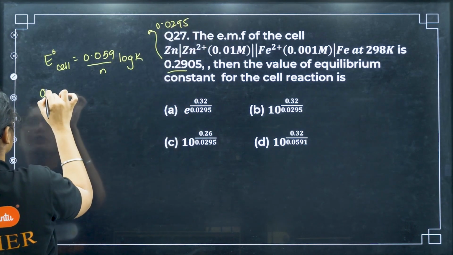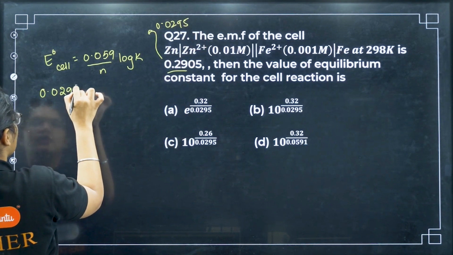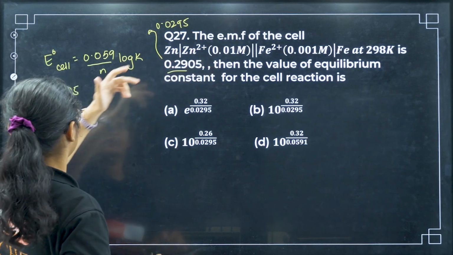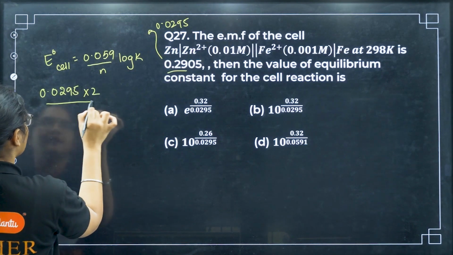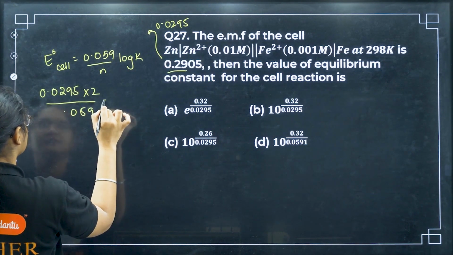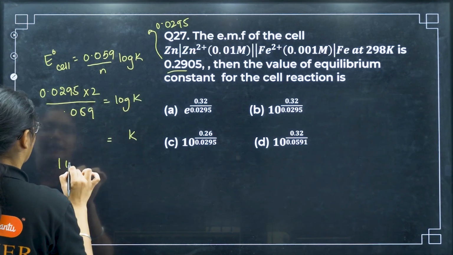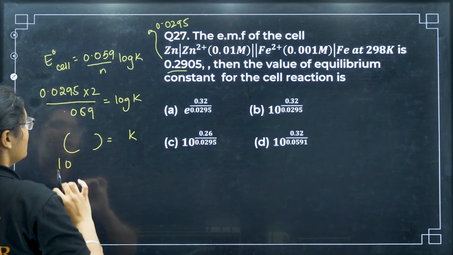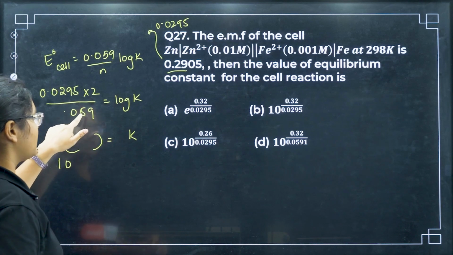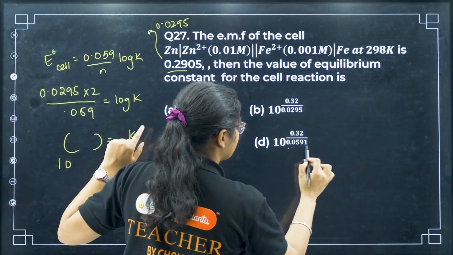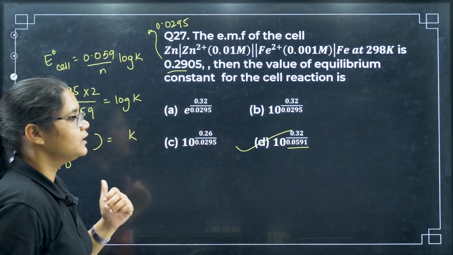Okay. Now what is the N value? Here N value is 2, divided by 0.059 is equal to log of K. So K will be equal to 10 to the power of this whole term. Now you can see in the denominator we have 0.059 and there is only one option with that. So option number D here.